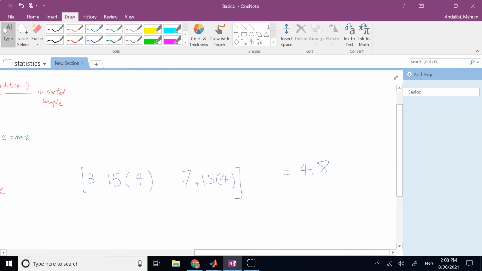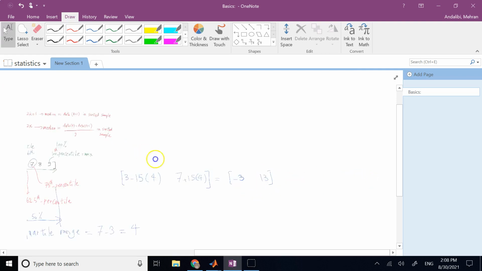So this range is going to be -3 to 13. If any data is between -3 and 13, that is an inlier. Outside that, which means less than -3 or more than 13, that's an outlier.